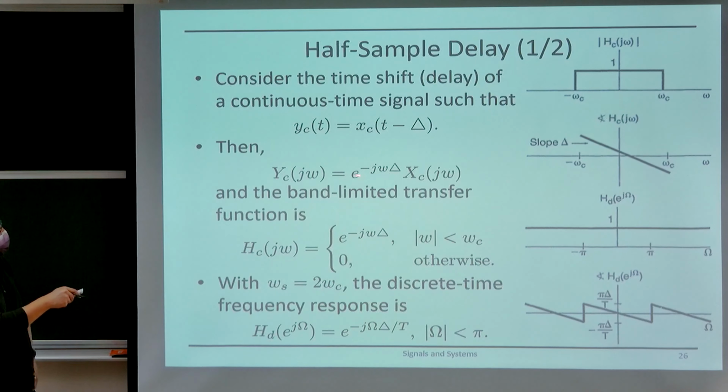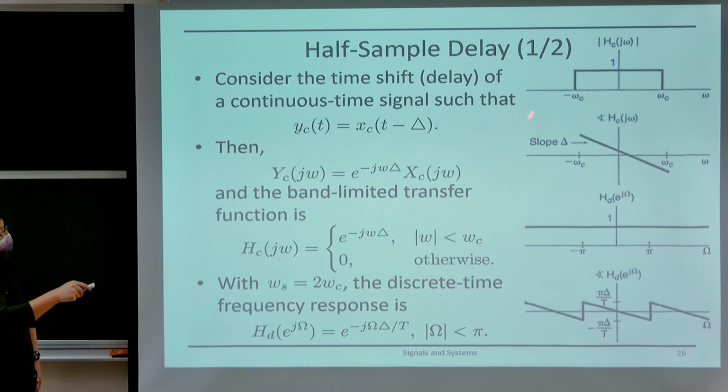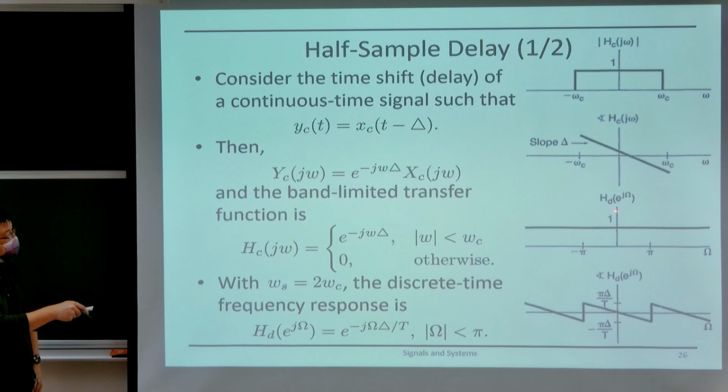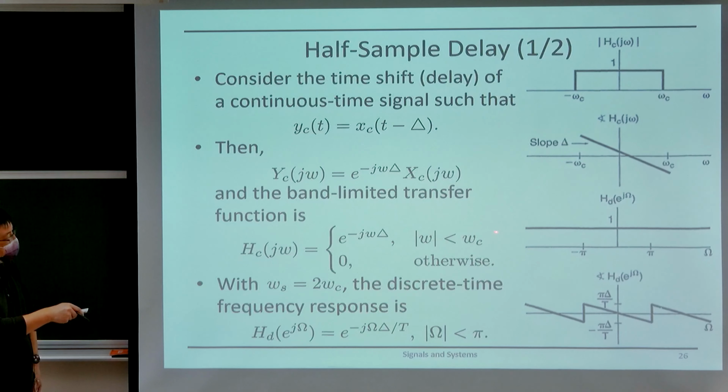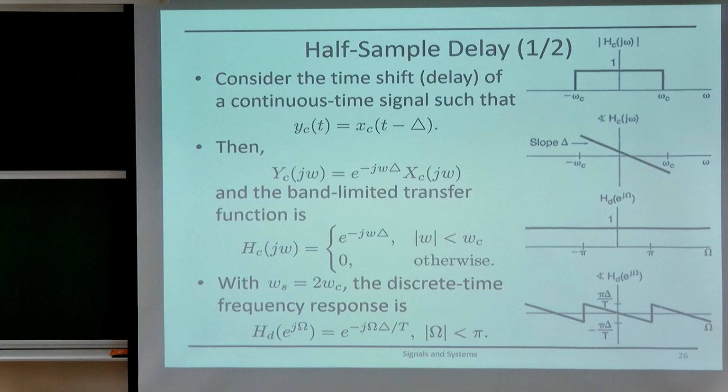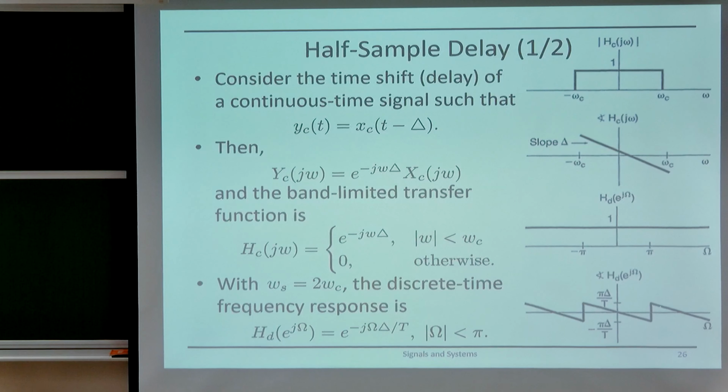Suppose that this is the original spectrum of the continuous time filter. Then when you convert it to discrete time, you need to choose a discrete time filter that has a constant magnitude and a linear phase within each period of 2 pi.